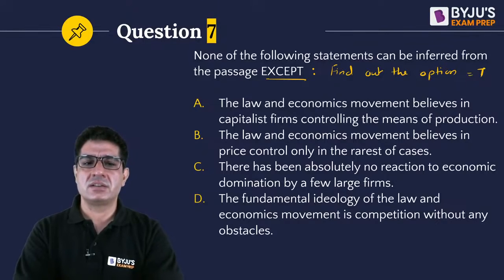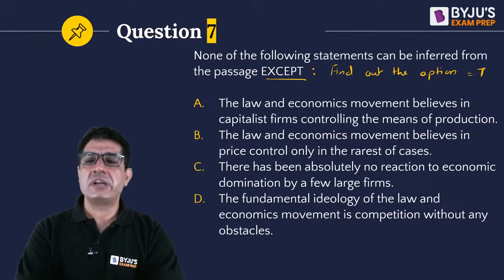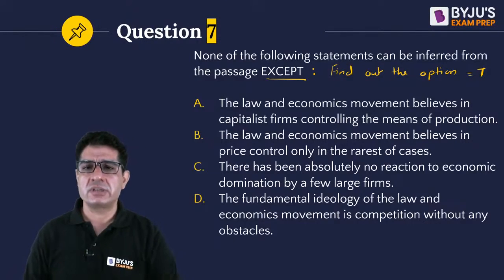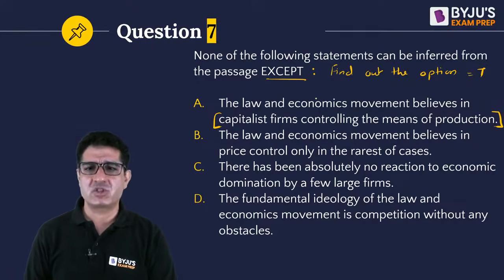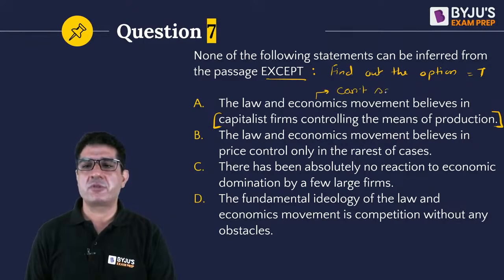So A, the law and economics movement believes in capital firms controlling the means of production. This part, capital firms wanting to control the means of production, has not even been mentioned anywhere in the passage, and therefore the correct label for A should be can't say.